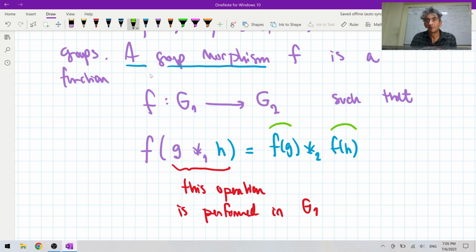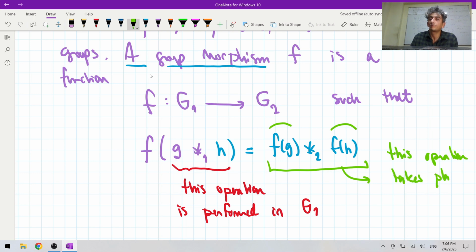So this operation takes place in G2. So f is compatible with the group operation. f transforms operations in G1 to operations in G2, right? That's what a group morphism is.